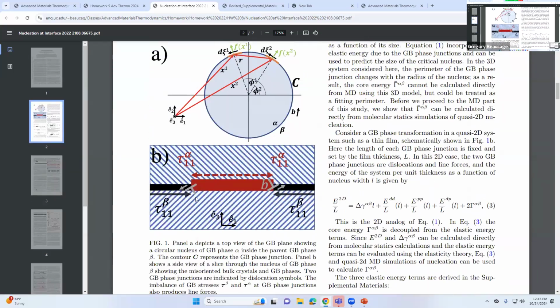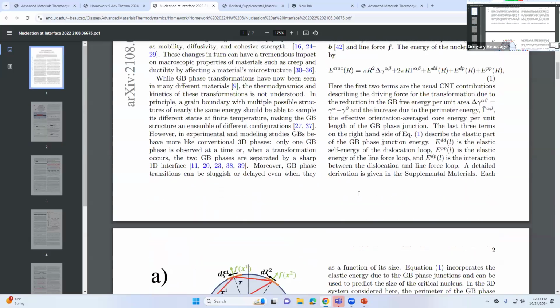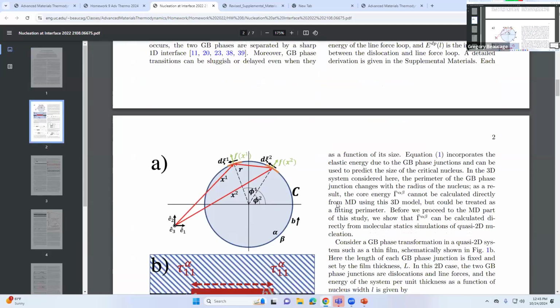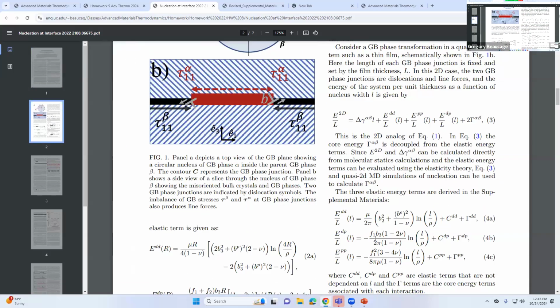So you're balancing off these stresses, and he calculates 3 forces that arise from the difference in the taus. Right? So he's got these force terms that he puts into these elastic terms. So the force is within the E's here, and the E's are down here, and somewhere in here is the force.